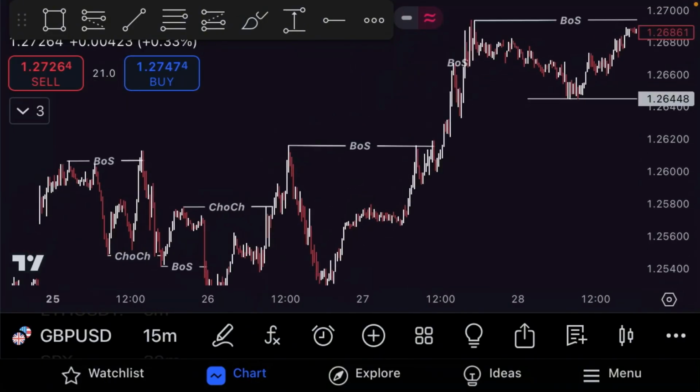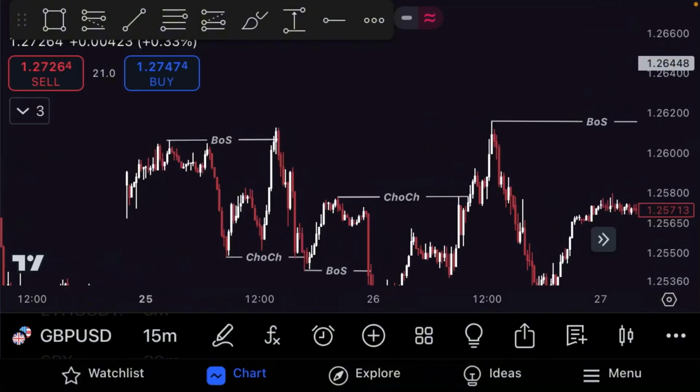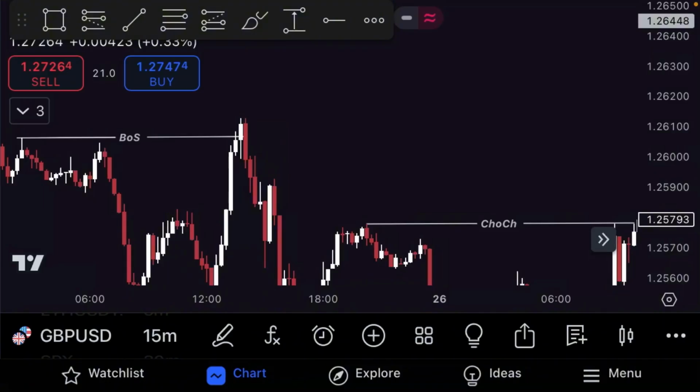Now let's take these things from the onset where we started from. To get a valid breakout structure, you need to look for a valid retracement. If you've been following me very well, I always explain what a valid retracement is. The valid retracement starts when you map out the last candle that caused that bearish move.